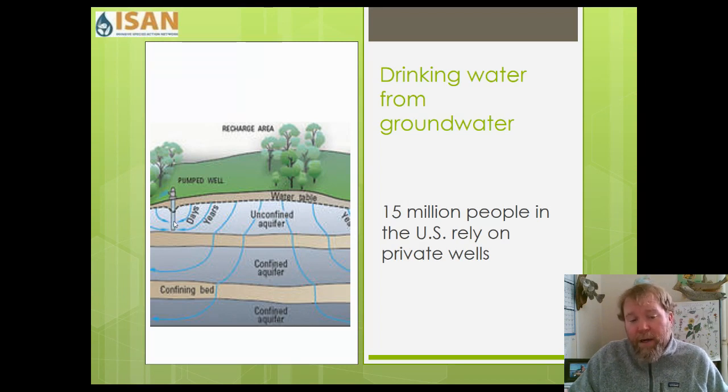That's where I hit water. Where I grew up in Michigan, our well was only about 30 feet. So how far underground the water is depends a lot on the geology of the area. It also depends on the geography where you live. So 15 million people in the United States rely on private wells for their drinking water.